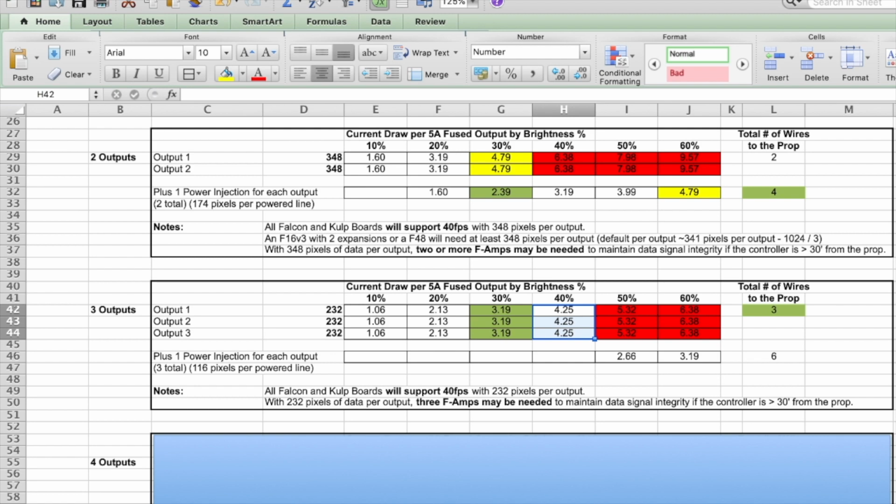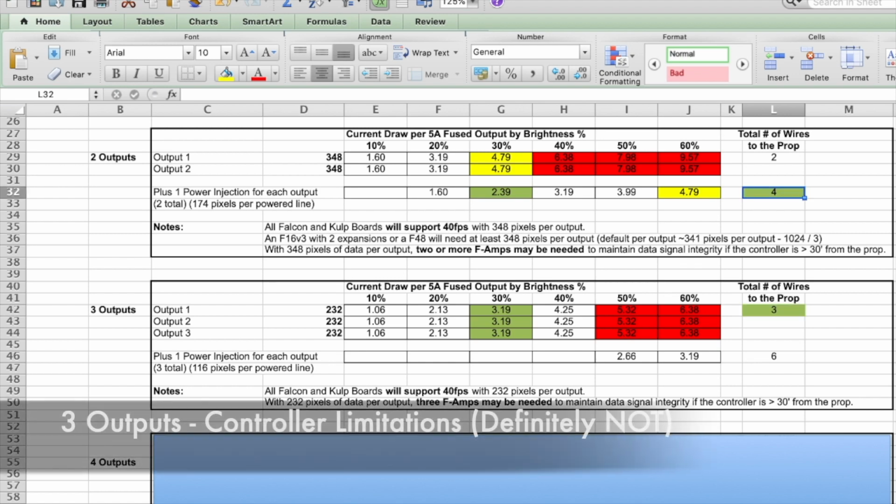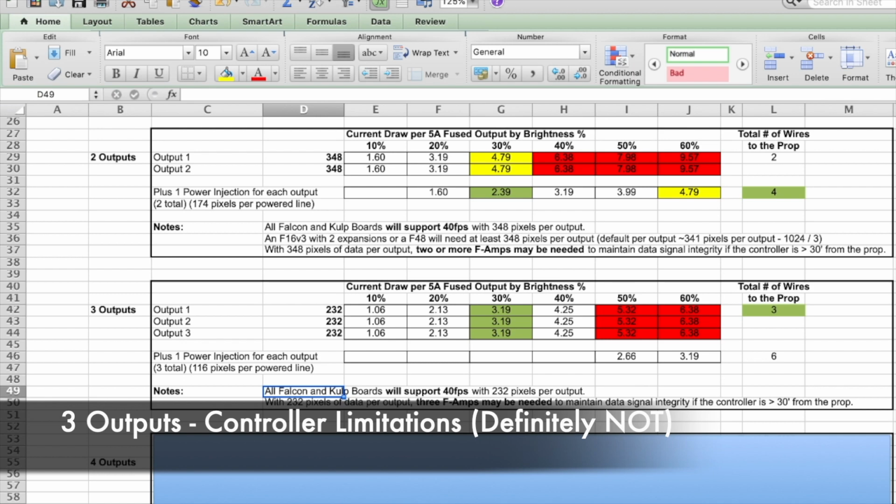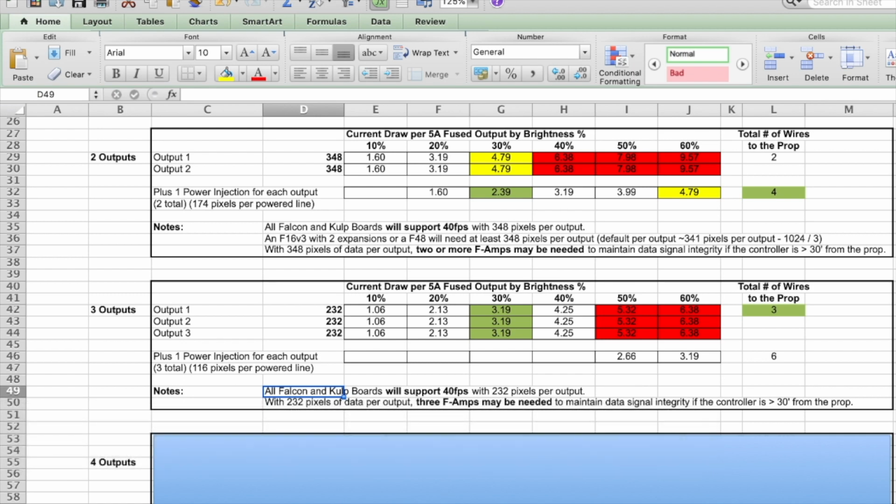When I say one power injection, again it's 1 per output, so you're adding 3 total additional power injection lines, up to 6. But it can be done with 3, as highlighted here, which is less than the 4 using just 2 outputs, interestingly. Again, the Culp and the Falcon boards can support the 40 frames per second with 232 pixels, and depending on how far your prop is from your controller, you may need 3 F-amps coming out from the outputs.